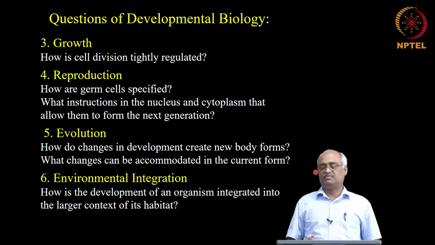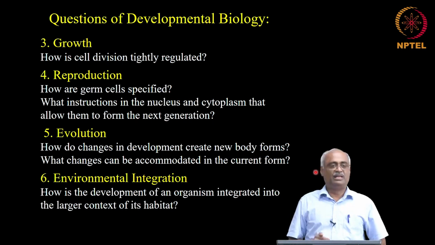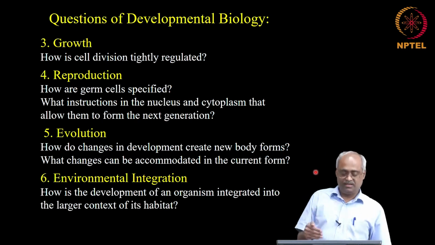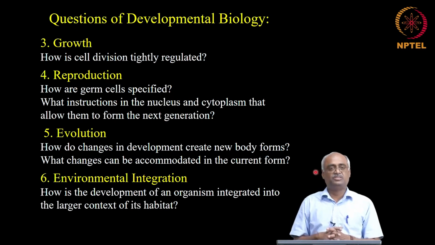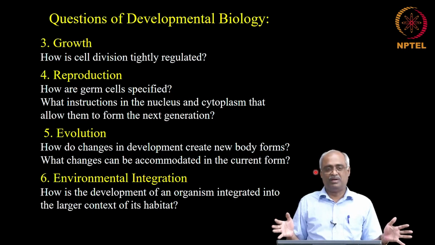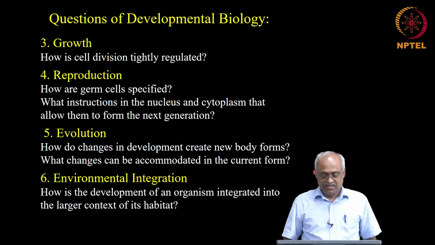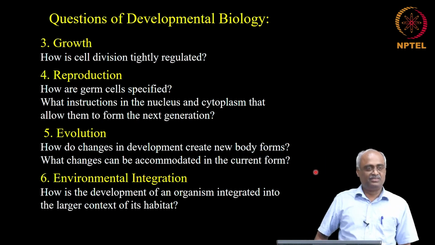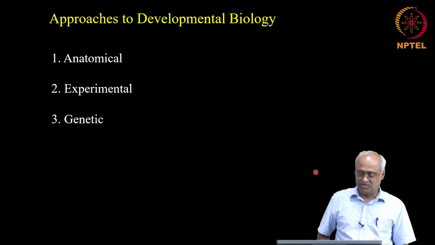So, in that sense we need to look at the environmental aspect as well. So, these are the major questions in developmental biology. So, it pretty much touches all areas of biology. Okay. So, any questions on this so far? Okay. So, we move on.